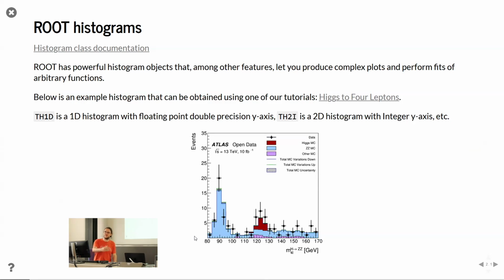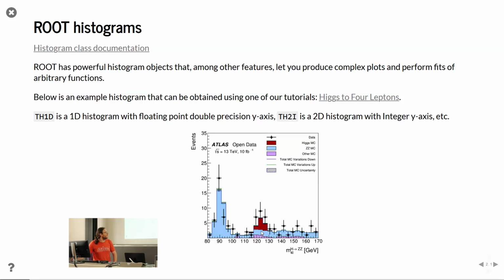And then the prediction, so the simulated data for a given Higgs mass hypothesis in this example, we are representing in these shaded areas. So these are also histograms, TH1s, so the blue one here for this diboson background and the red one for the Higgs boson signal. So these are then also histograms filled with Monte Carlo predictions.